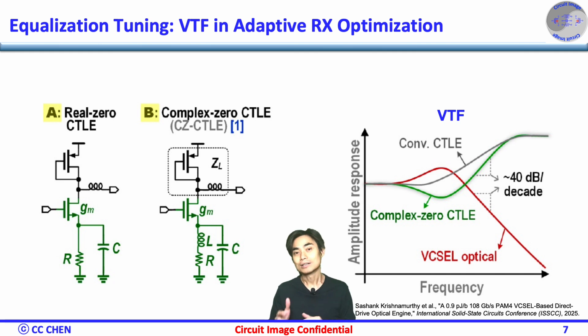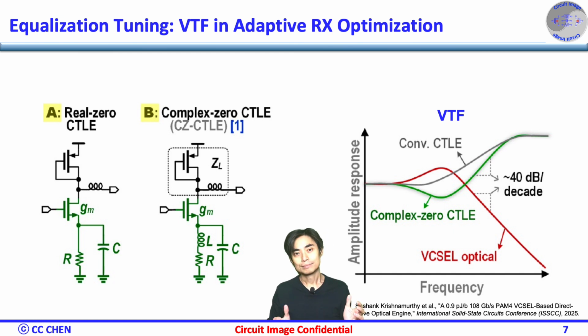In a study from TSMC at ISSCC 2025, VTF-guided CTLE tuning reduced power consumption by 30%, while maintaining a 10.5 terabit per second per millimeter link bandwidth efficiency. These findings were reinforced by a case study showing that VTF-based calibration significantly reduced inter-symbol interference (ISI) in a high-density channel, leading to a 25% improvement in bit error rate performance.